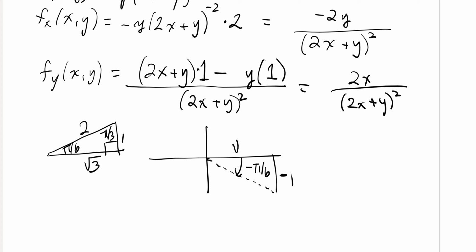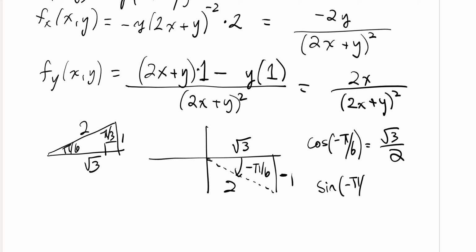This would be radical 3, and this would be 2. So the cosine of negative pi over 6 would be adjacent, which is radical 3, over hypotenuse 2. And the sine of negative pi over 6 would be opposite, which is negative 1 over hypotenuse. So negative 1/2.